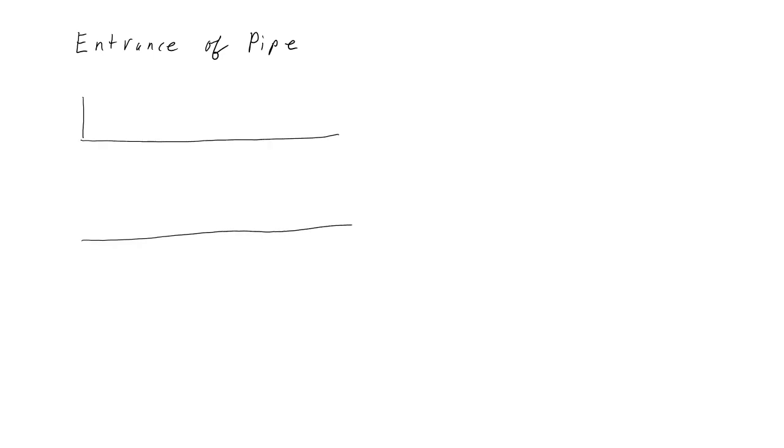So if you have pipe flow near the entrance of a pipe, so let's say it's a sharp-edged pipe, sometimes you can get what's called flow separation near the entrance, where you can get these small eddies here.